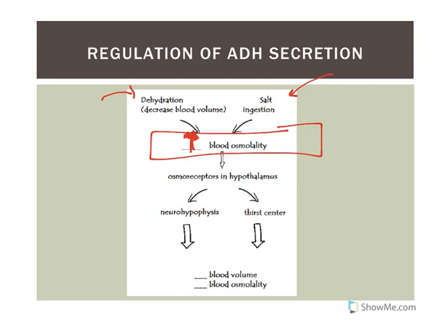And osmoreceptors respond to that, and I'm just going to draw you a picture. So we'll say that's the osmoreceptor. And I just want to do a little brief review of osmosis because that's an important thing that you have to remember. Well, if that is a cell, and all of a sudden I had an increase in osmolarity in the blood, which is part of the extracellular fluid, I'm going to have a lot more solutes out here than in the cell.